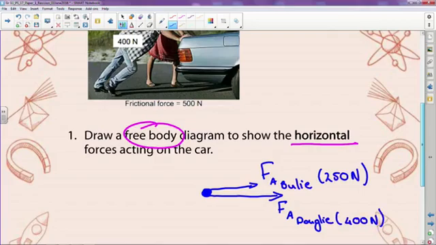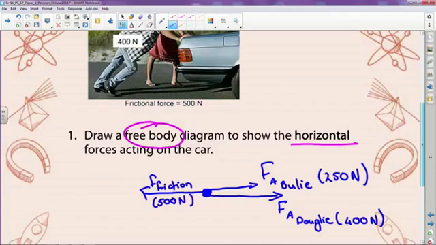And it should be a nice straight line. Look how terribly I'm drawing this today. On this side I'm going to have force due to friction, and if I want to, I can then write what that value is as well.